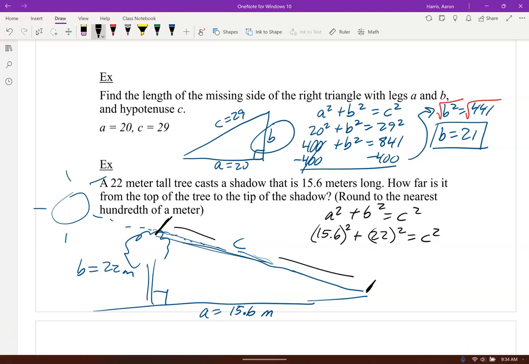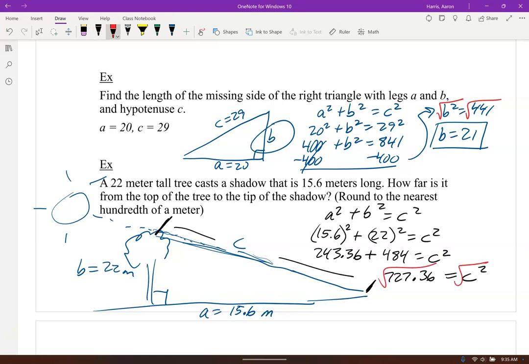I take 15.6 times 15.6, I get 243.36. 22 squared gives me 484. And I add those two together, I get 727.36 equals c squared. Now we have to solve for c, so I square root both sides.